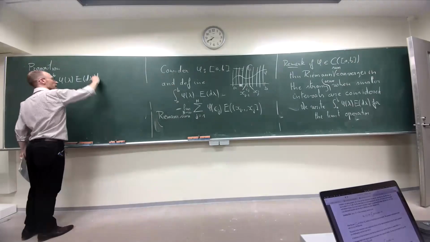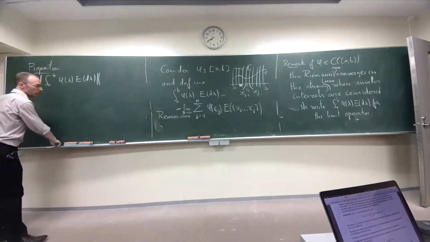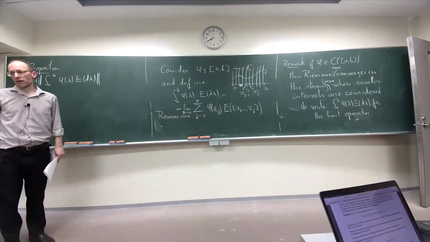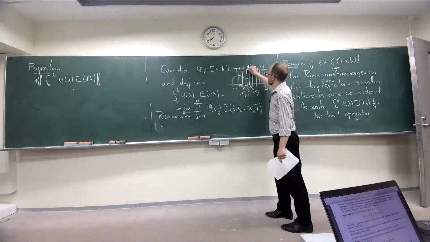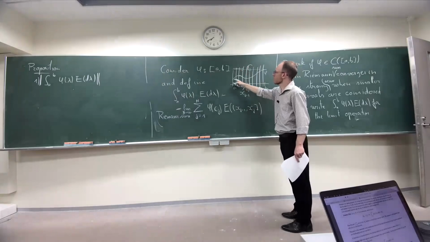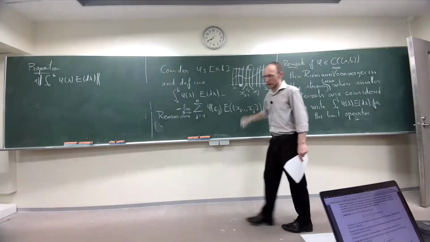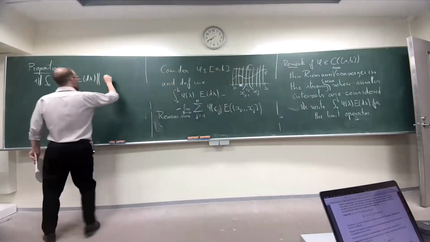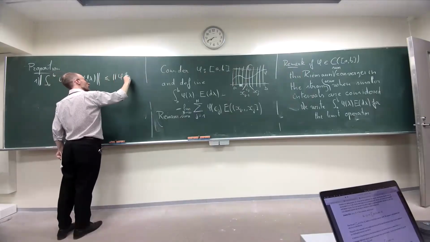It's an operator. I can take its norm. Do you have a question? Look, if phi is bounded, these values are always smaller than the maximum value. So this is going to be smaller or equal to the norm of phi infinity.